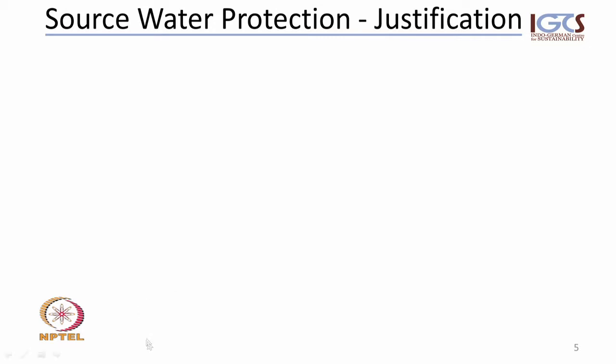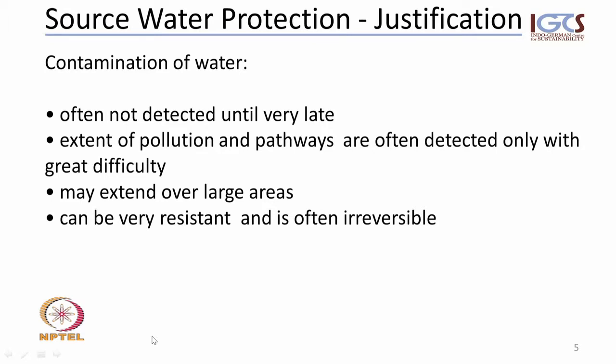Let's talk about source water protection and why we want to deal with that. Very often contamination of water is not detected until very late. In many cases, it comes along with an extended pollution and pathways which are detected only with very great difficulty.